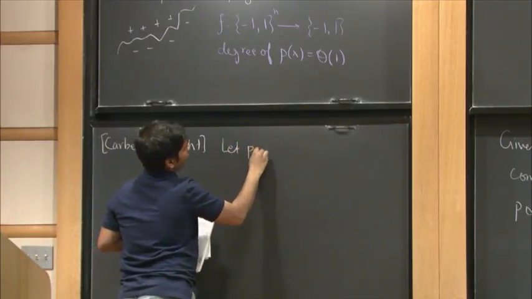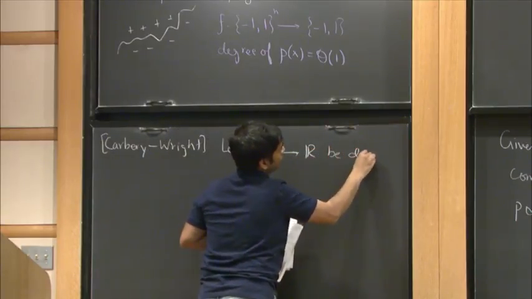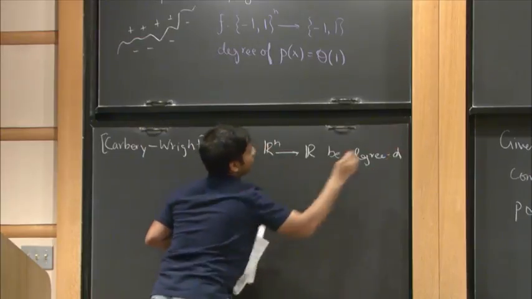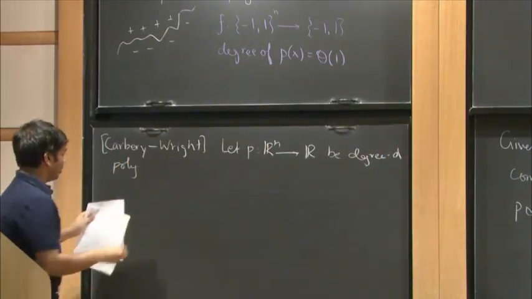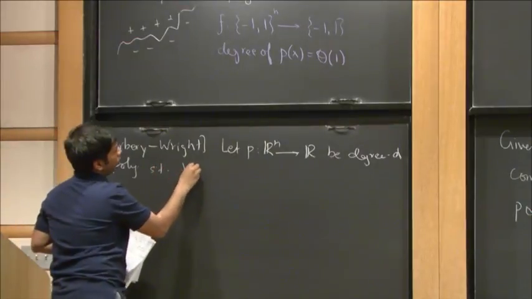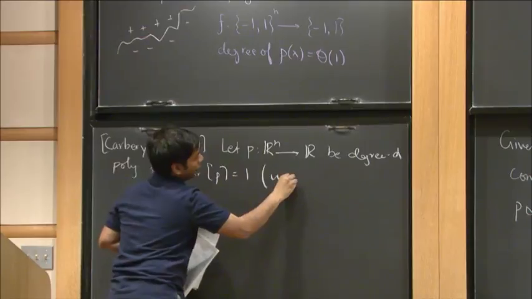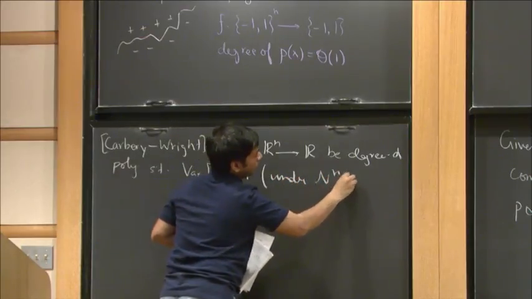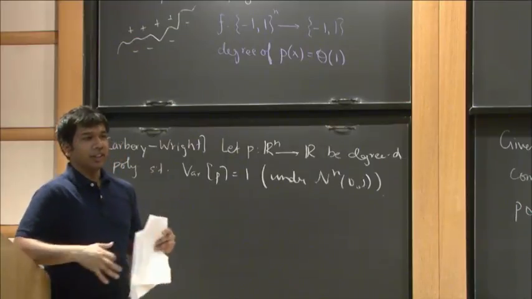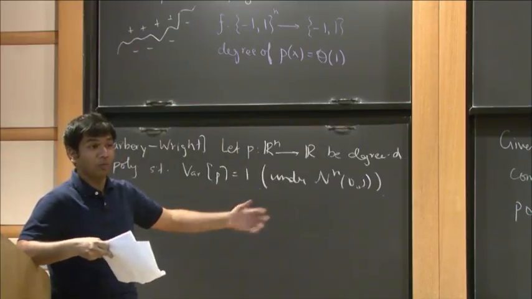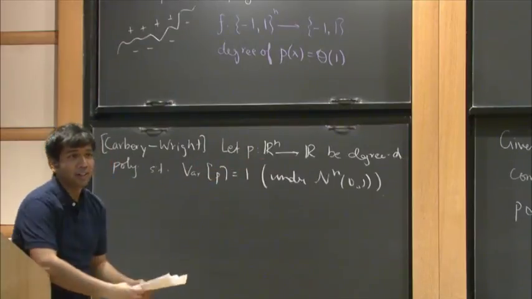Let P be a degree D polynomial such that the variance of P is 1 under the Gaussian. So when you endow the input with a Gaussian distribution, P(x) is a random variable, and you normalize so that the variance of P is 1.